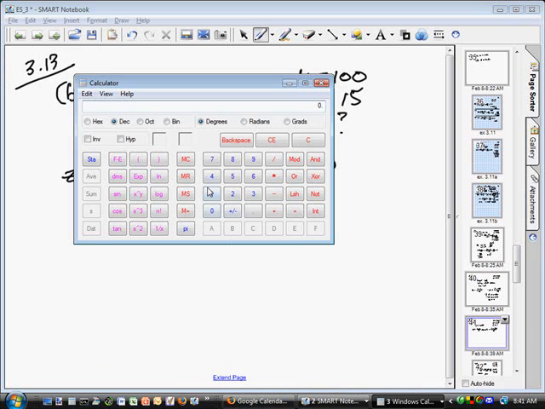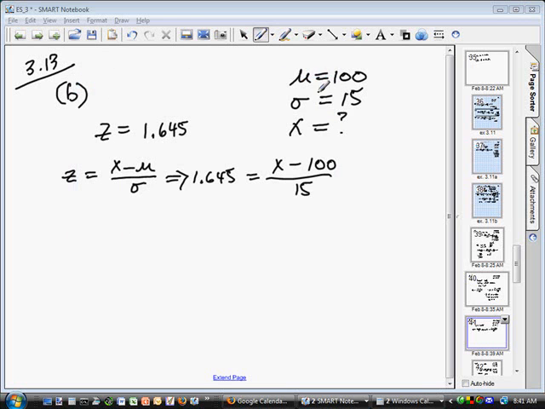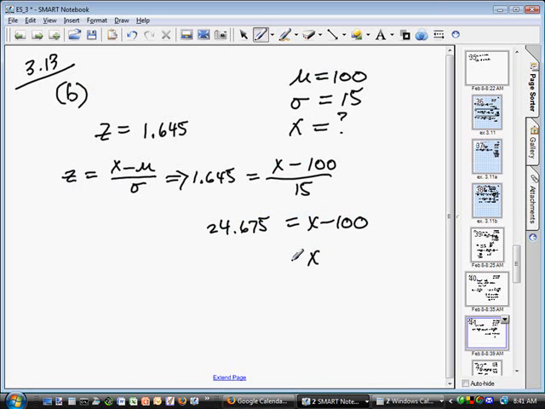What's 15 times 1.645? It's 24.675. And now add 100 to both sides, and you've got it.